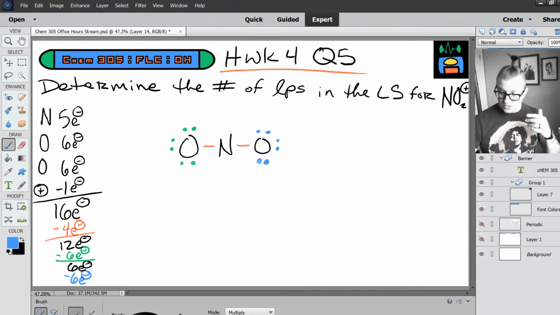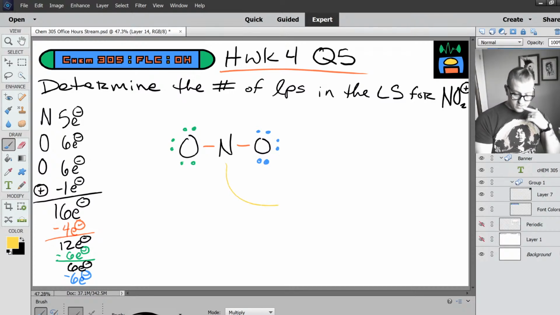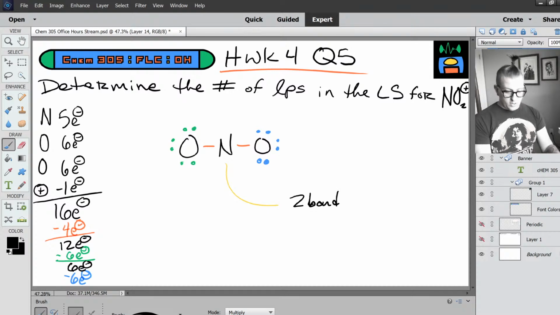Now here's the catch. This nitrogen right now has 2 bonds, so that's 4 electrons.